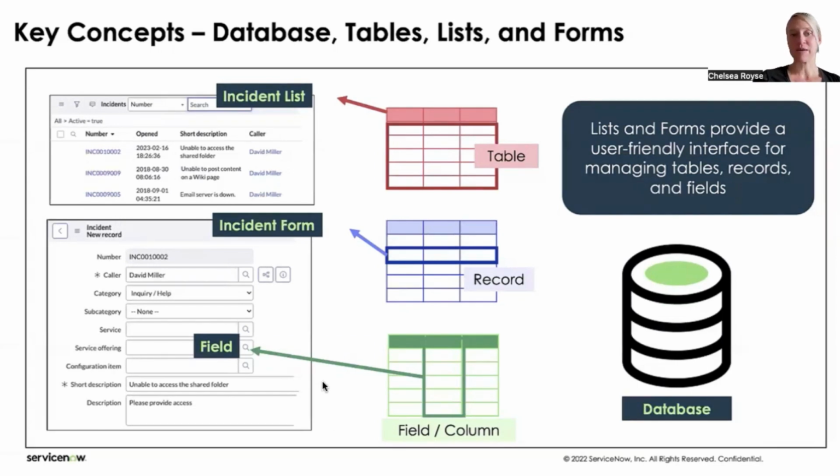There are all different tables, such as incident tables and user tables, but lists and forms provide a user-friendly interface to help with managing tables, records, and fields. And this is a database that you can use inside of ServiceNow.